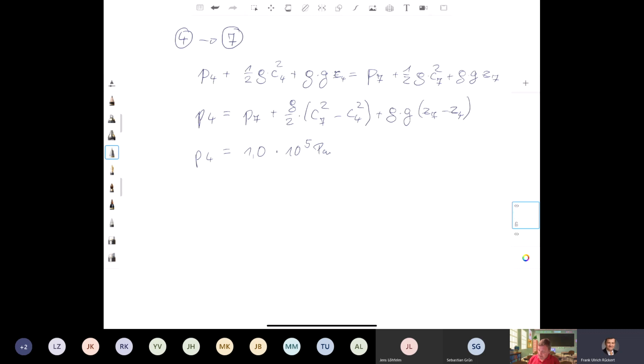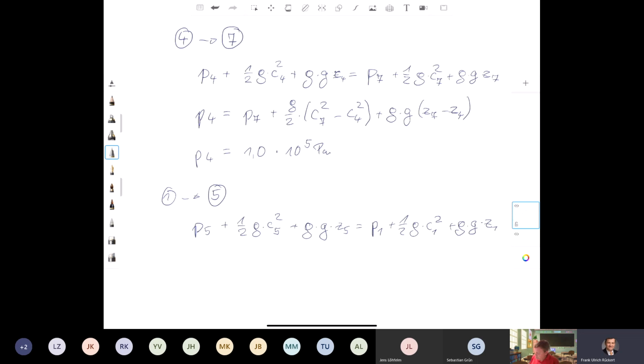And for the point from 1 to 5, we do the same balance. P5 plus one half rho C5 squared plus rho g Z5 equals, okay, I can also write it on the other side, doesn't matter, P1 plus one half rho C1 squared plus rho g Z1.